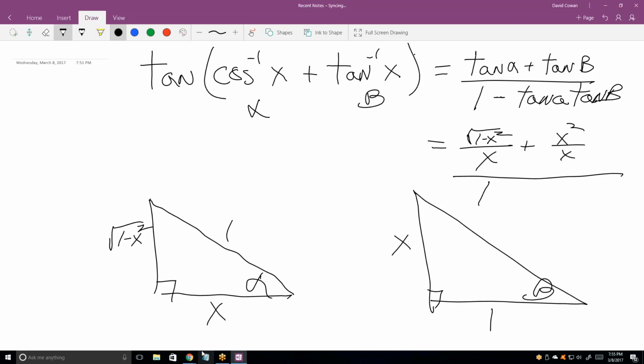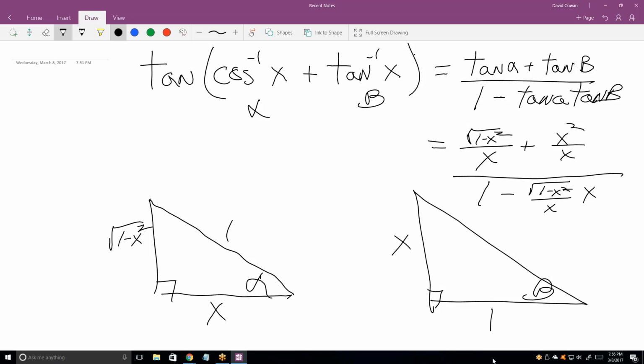Over 1 minus root 1 minus x squared over x times x squared over x. You know, this time I don't really need to make it x squared over x. It'll complicate matters if I do it in the denominator.